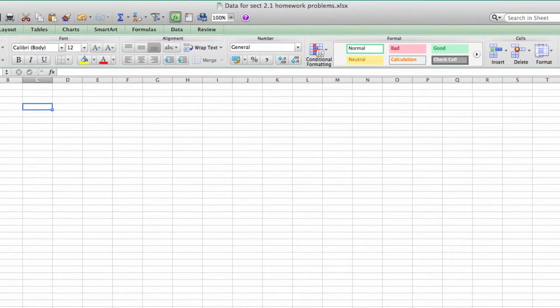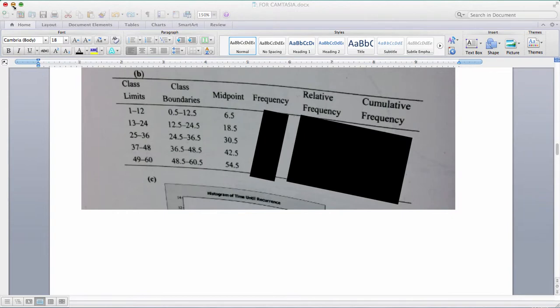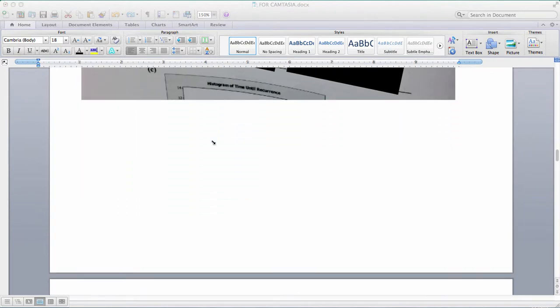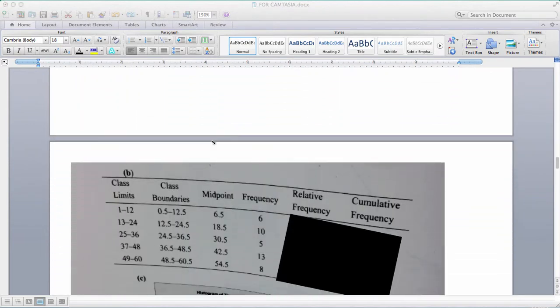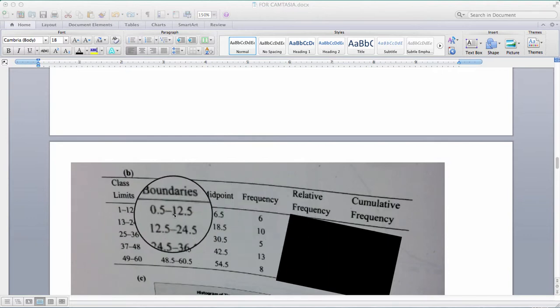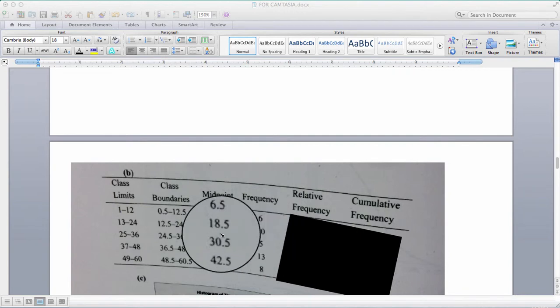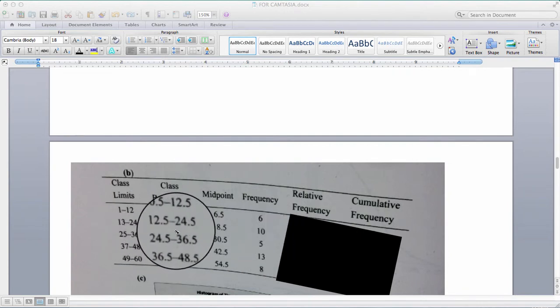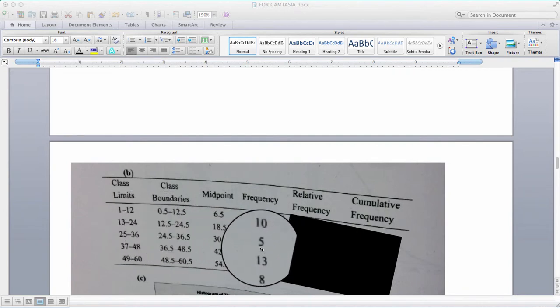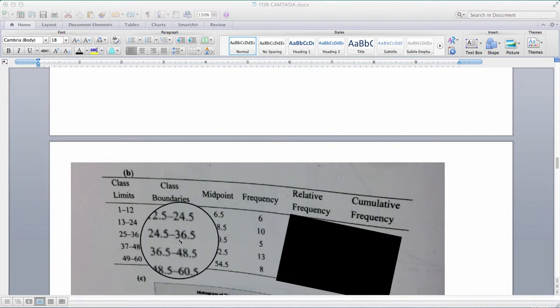And that's the frequency, the number of data that fall within that range. And you do the same thing for all of those. And so this is what we end up with. In other words, 6 data fell between 0.5 and 12.5. 10 data fell between 12.5 and 24.5. 5 numbers fell between 24.5 and 36.5, and so forth and so on.